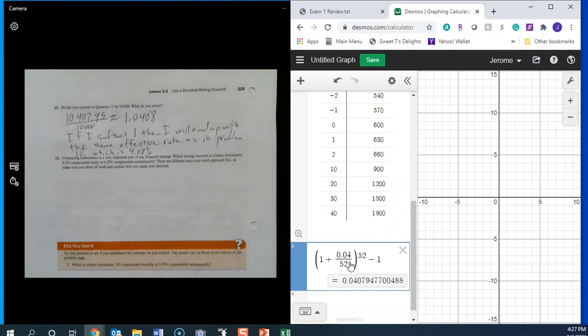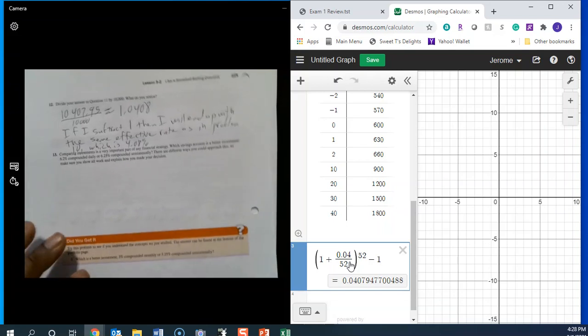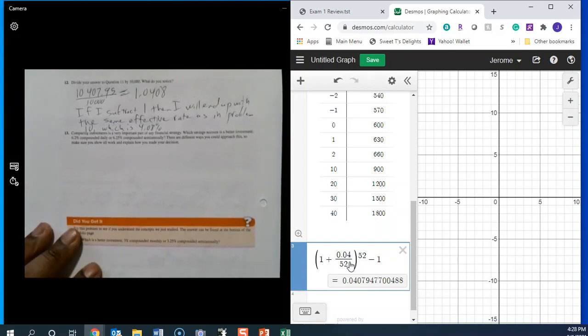Okay, well, I think the easiest way to go with this is probably effective interest rate, because both of these are invested over the same amount of time, which would be 1 year. So whichever one ends up with the higher interest rate is the better investment for your savings account.